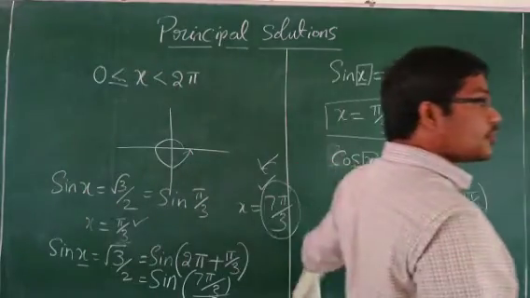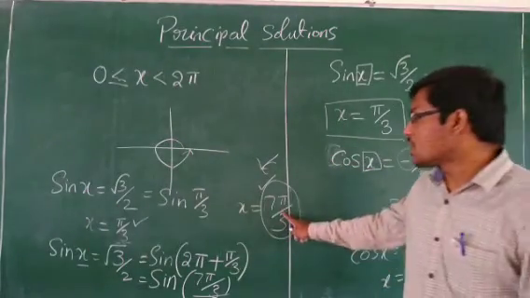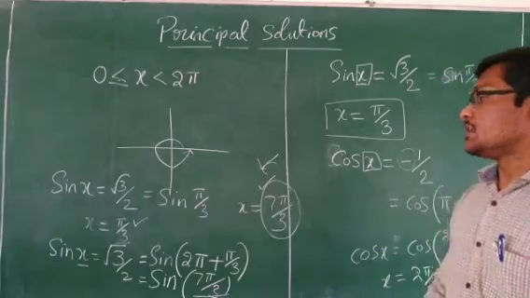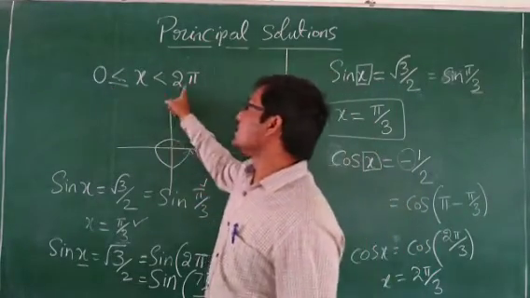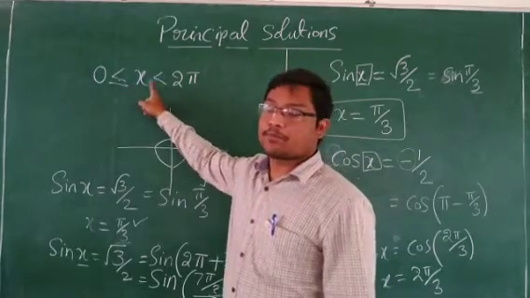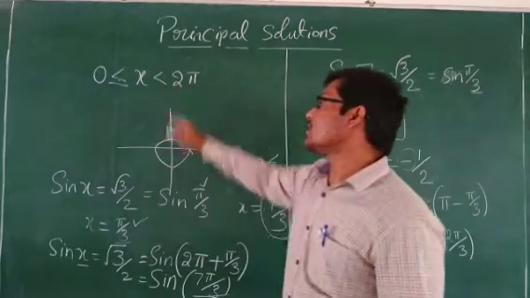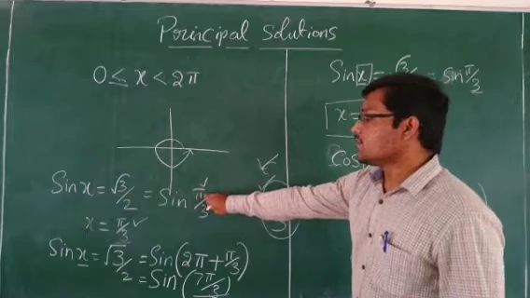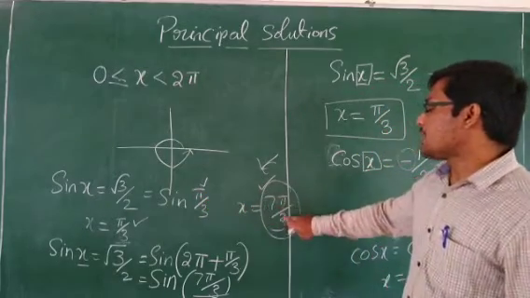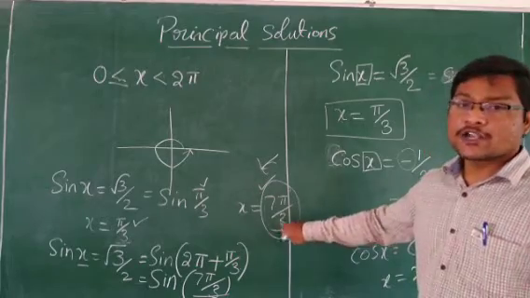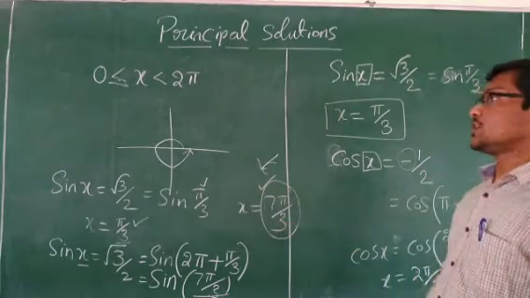Pi by 3 is in this interval, so pi by 3 will become the principal solution, but 7 pi by 3 is not the principal solution.